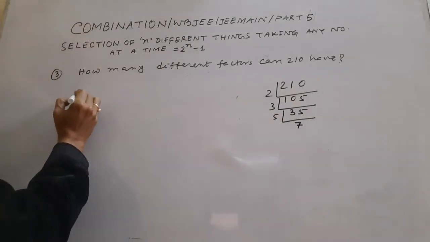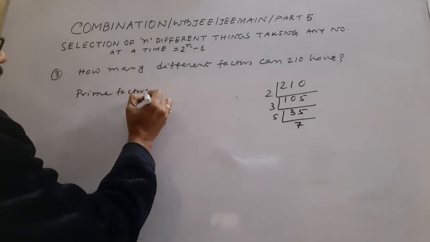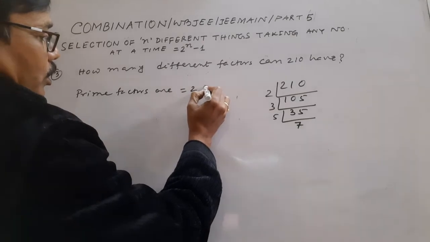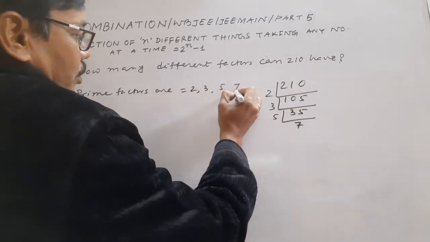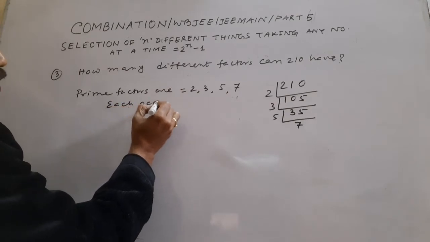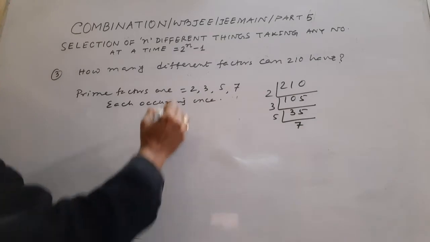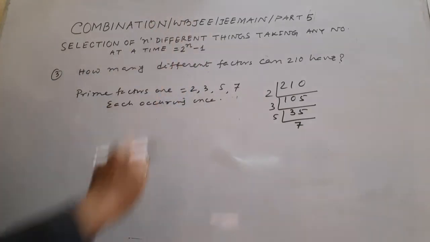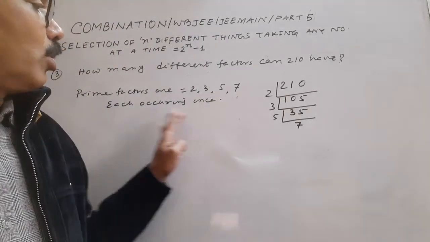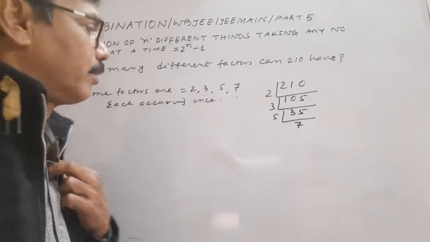So the prime factors are 2, 3, 5, 7, each occurring once, no repetition. We are considering different cases. So we are not taking 1 because 1 is not a prime factor.